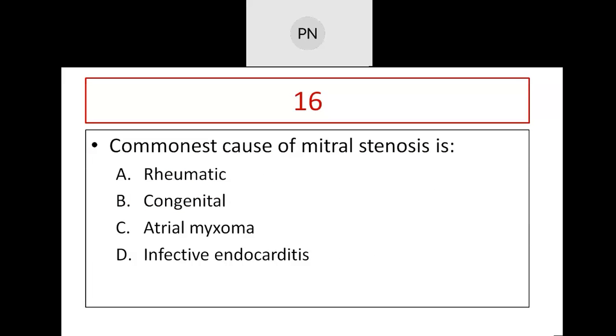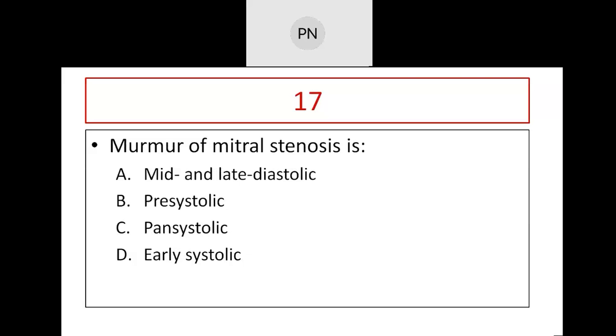Rheumatic. Very good. The murmur of mitral stenosis is? Mid and late diastole. Yes, it is mid and late diastolic.